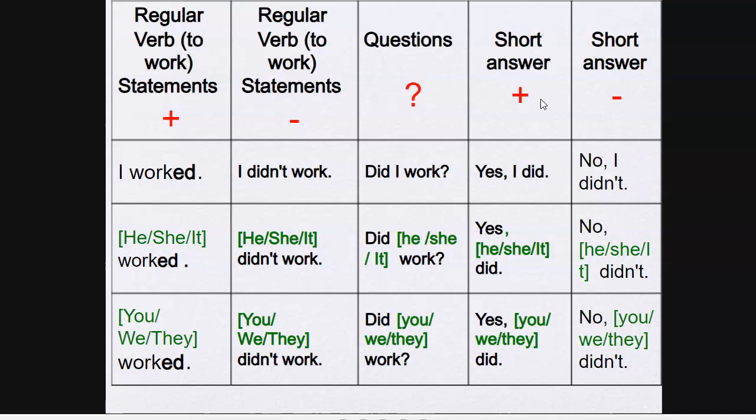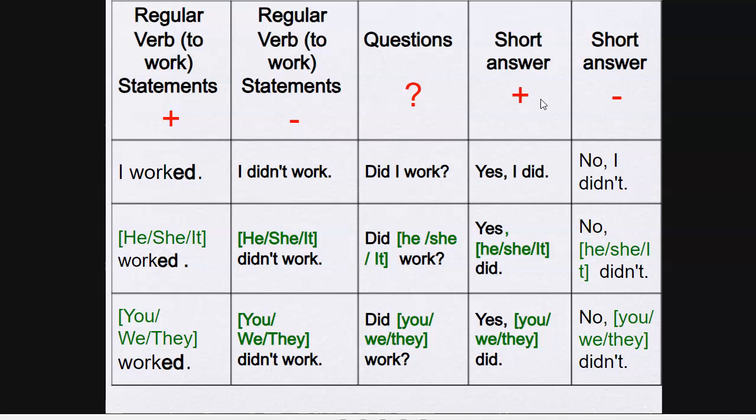The second one: he, she, it walked. He, she, it didn't walk. After the word did, we must add not. Did he, she, it walk?